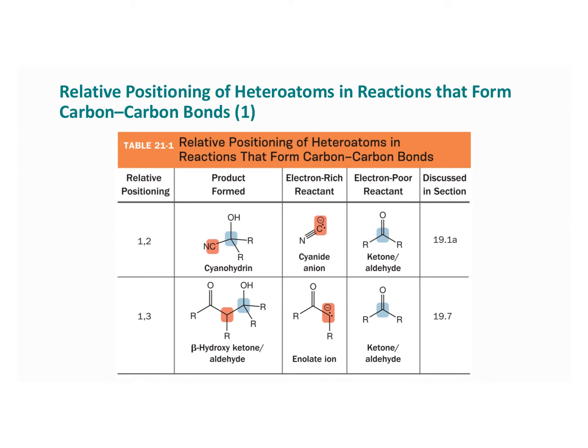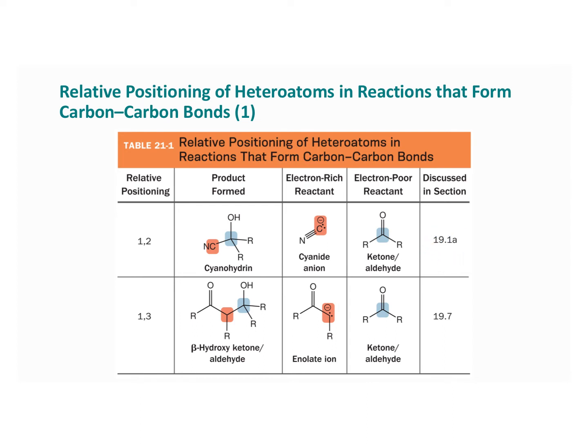I just broke this up over 2 slides so we could make some comparisons. When you look at these tables, this is the product form. This shows you the electron-rich reactant, and this shows you the electron-poor reactant. It also gives you an idea of where this was discussed, okay?